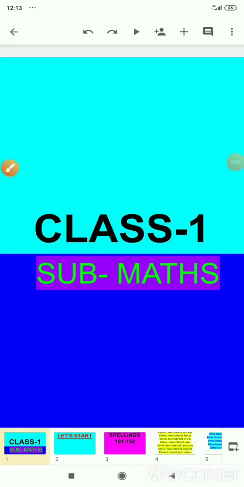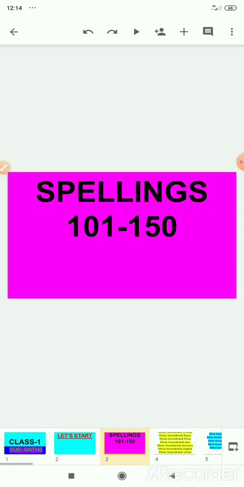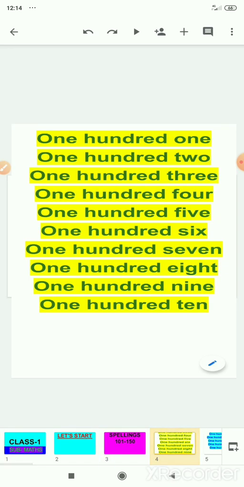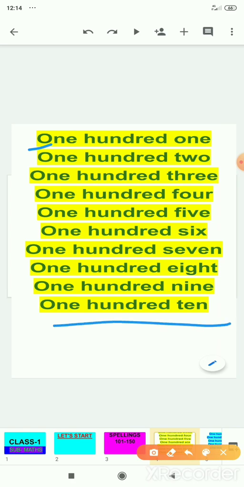So children, with the help of these numbers, we can start writing our number spellings, that is from 151 to 200. Here we have a picture in which I have already written the number names, starting from 151.